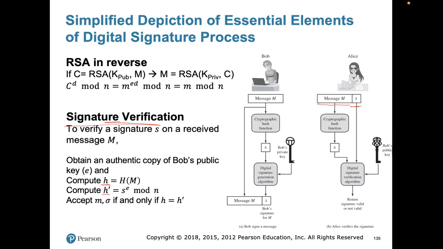Now it is going to be checked using S to the power of E mod N. S to the power of E mod N means that we are decrypting the ciphertext, or the S, using the public key of Bob that we called E. This is the decryption process. And if H and H prime are equal, it means that yes, that message is really signed by Bob and everything is clean.